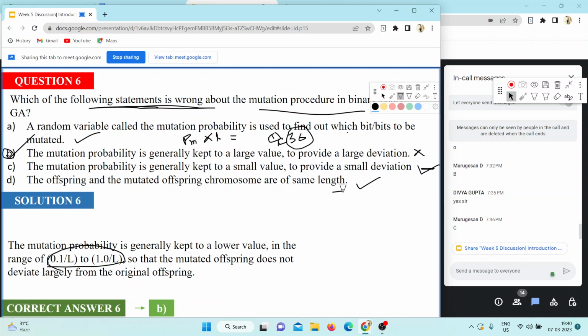So if L is 36, you can do 0.1/36 to 1/36. So if you want to choose a mutation probability for your GA, you choose a value from 0.1/L to 1/L.